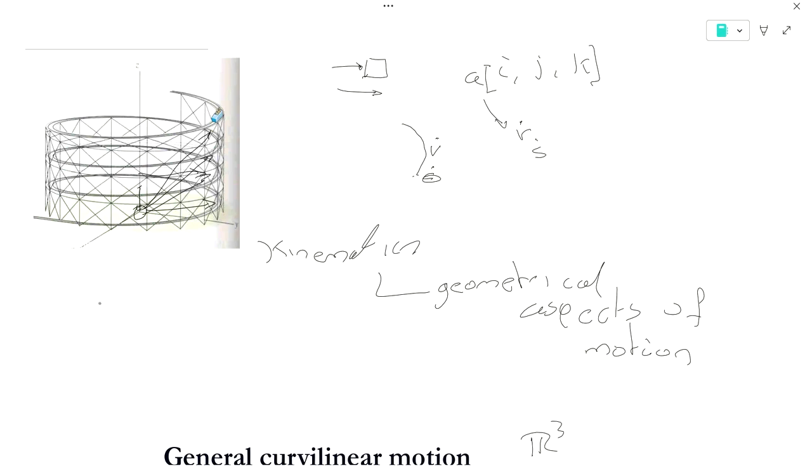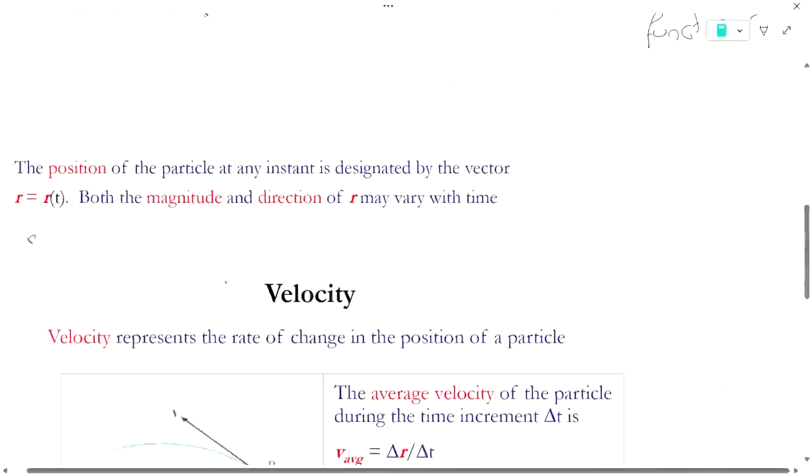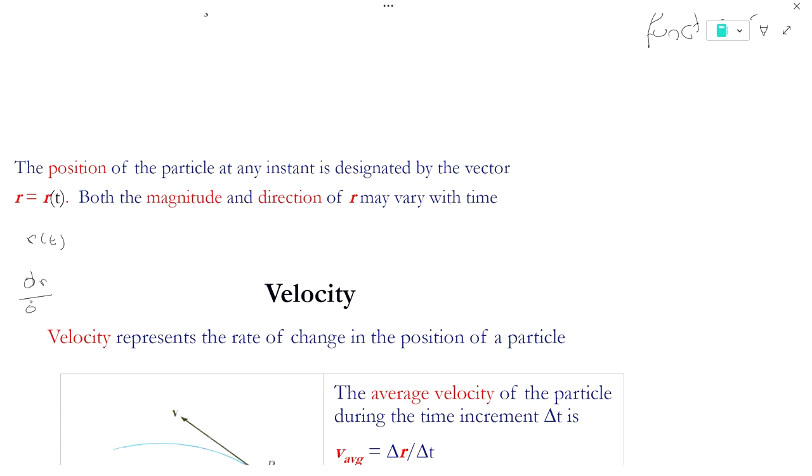Versus kinetics, we care about the forces that are making that motion happen. Okay, so r is a function of time. So we'll have to find the dr/dt when we want to find the instantaneous velocity.